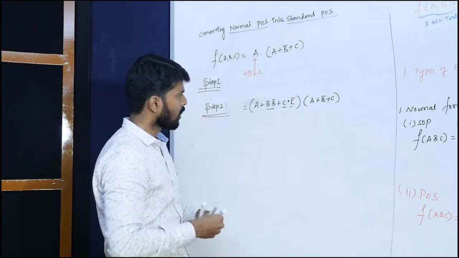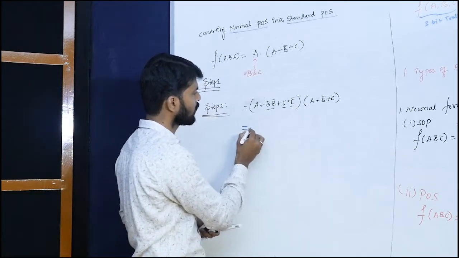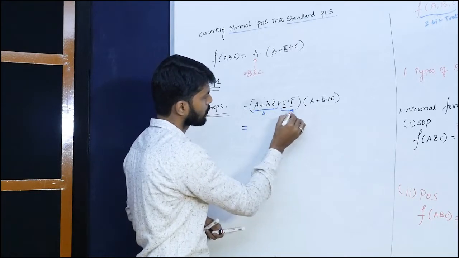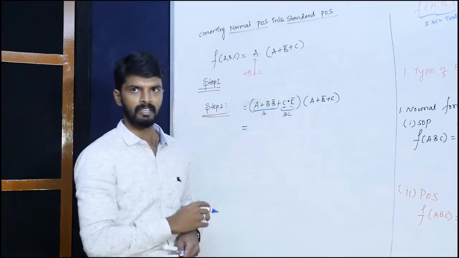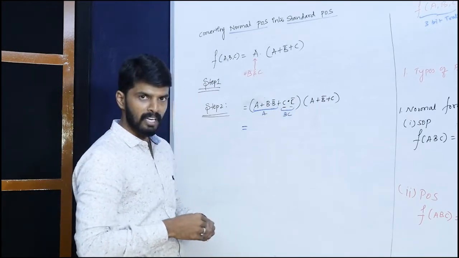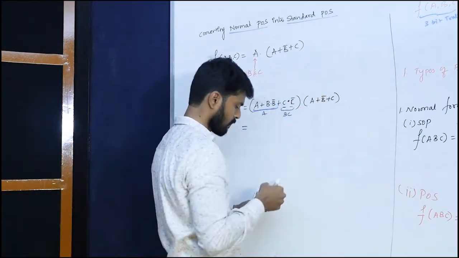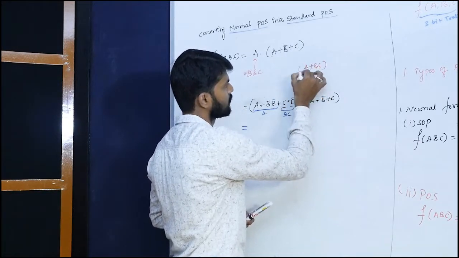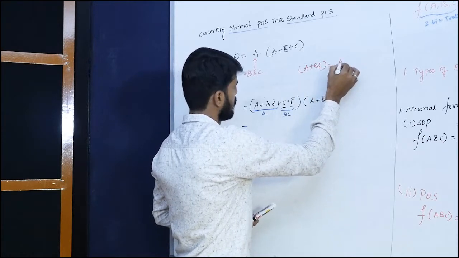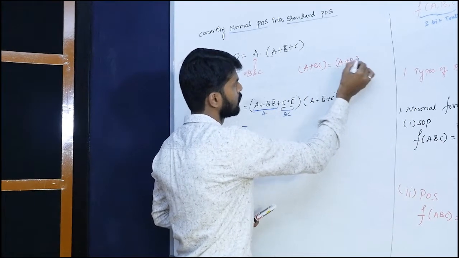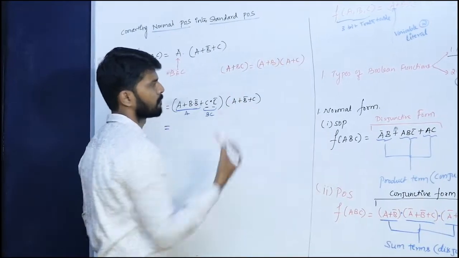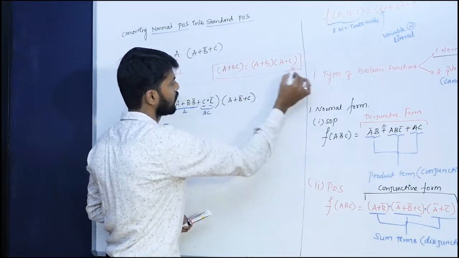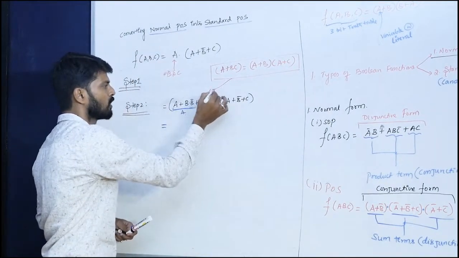So how am I going to solve this? Here I am treating this as complete A and these two together as BC. According to Boolean algebra, this is the equation you all know: A plus BC is equal to A plus B into A plus C. This is the Boolean algebra we need to apply for this case.